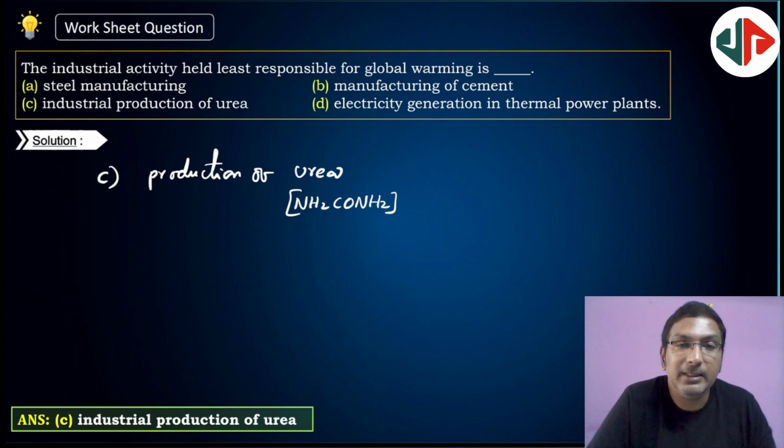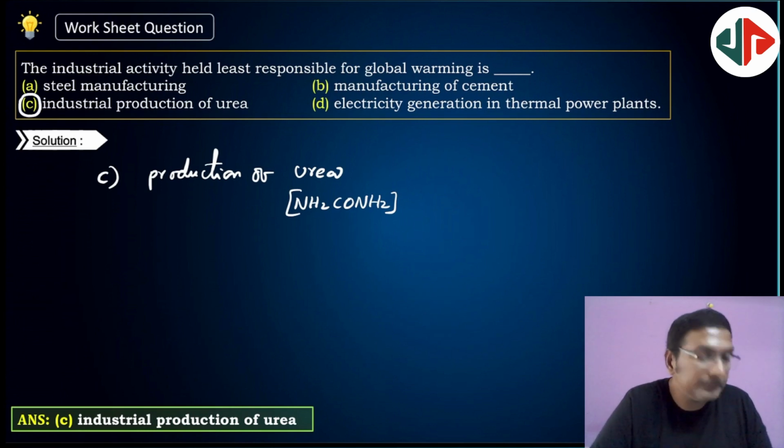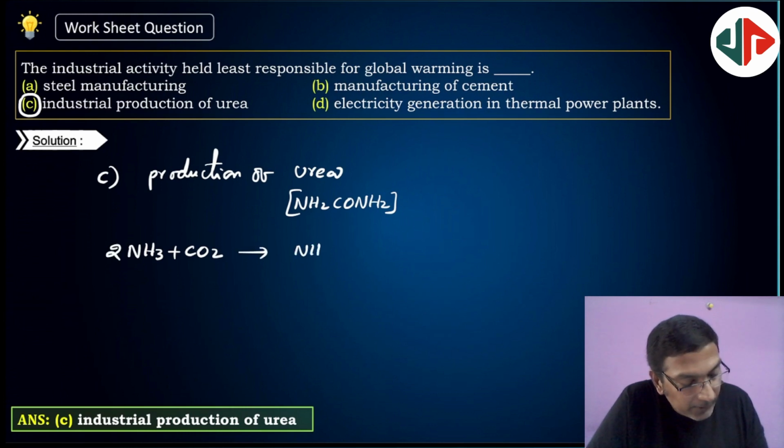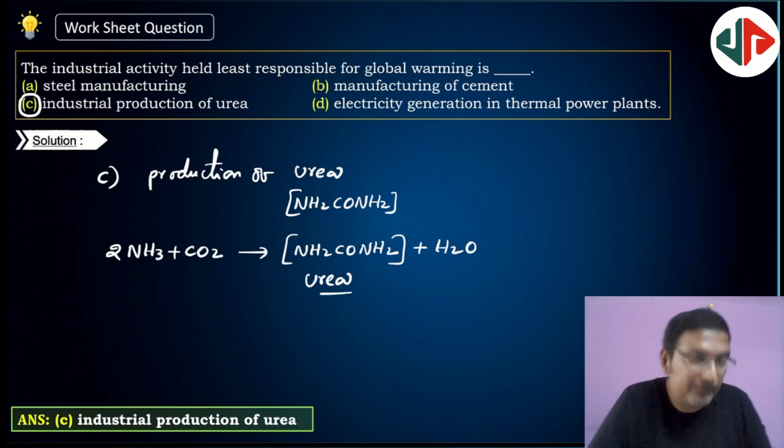Therefore, least responsible for global warming. Option C. So it can be prepared from ammonia gas and CO2 gas. 2 moles we can take, giving NH2CONH2 plus H2O, urea. Least responsible. Next.